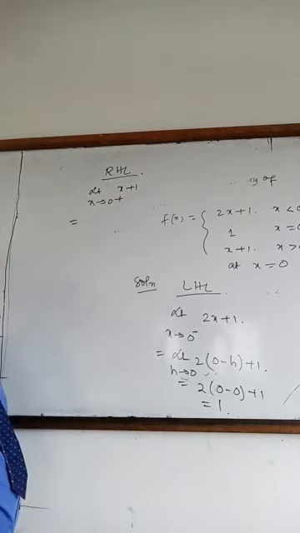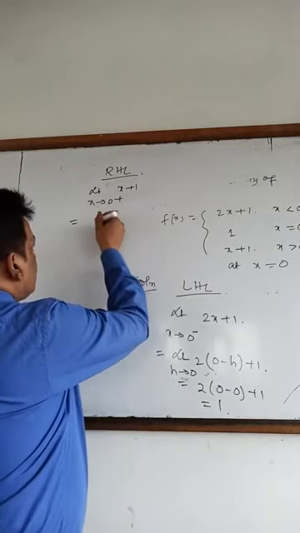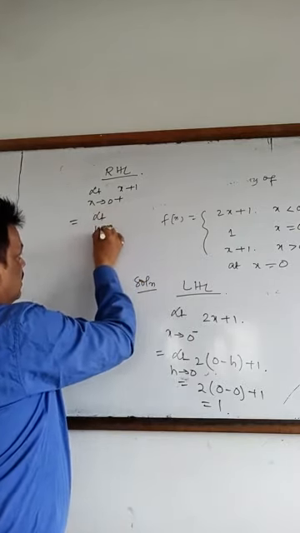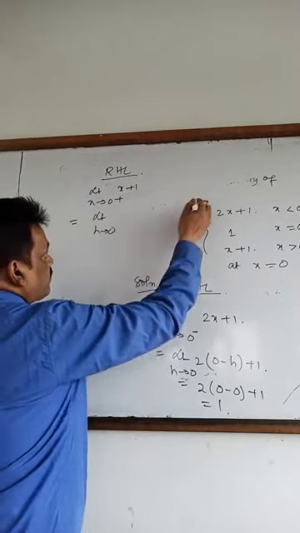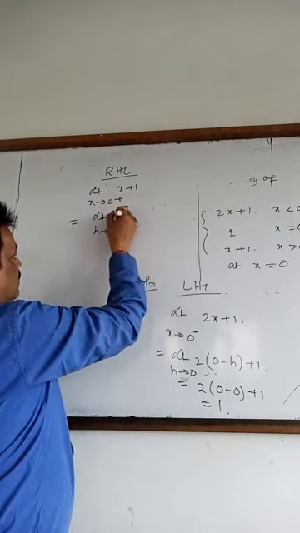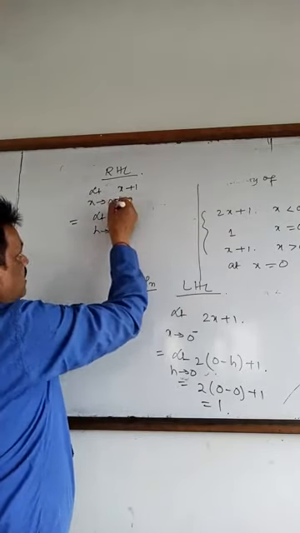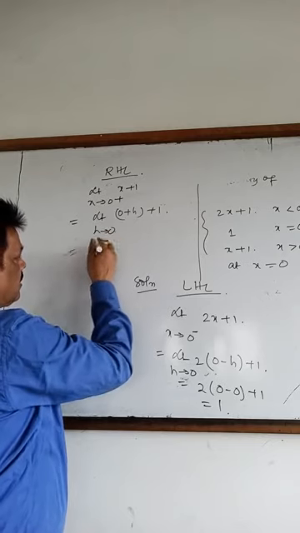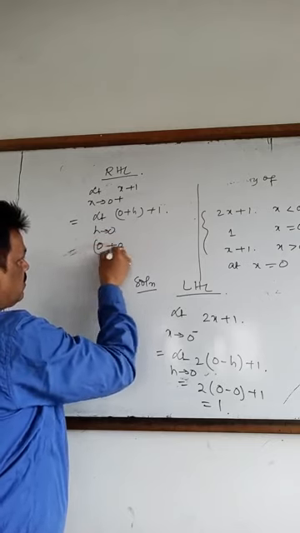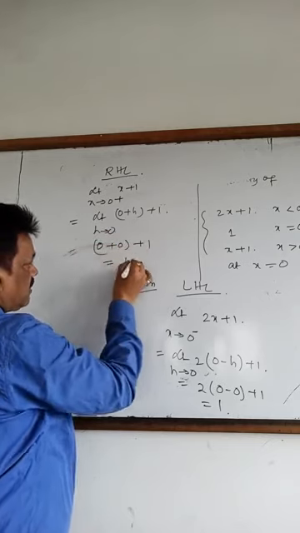So I have to write limit h tends to 0 of (0 plus h) plus 1. Then directly put the value: 0 plus 0 plus 1, this became 1. Here you got your left hand limit equals to right hand limit.